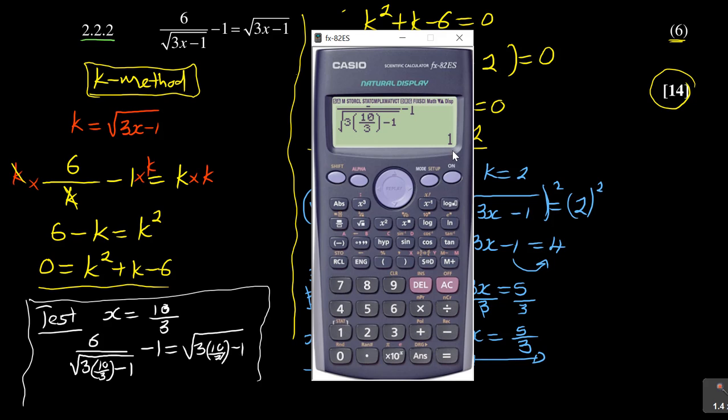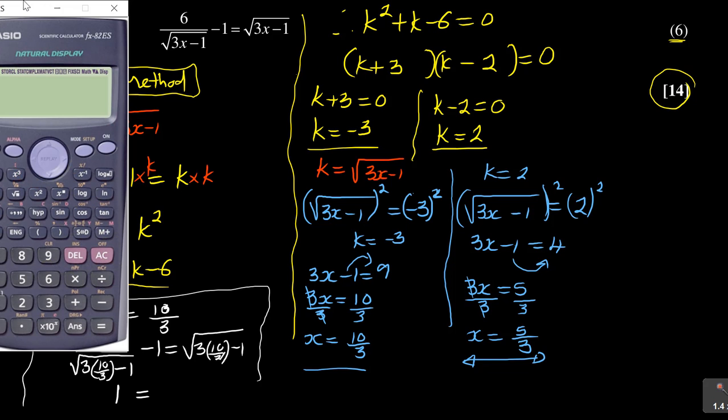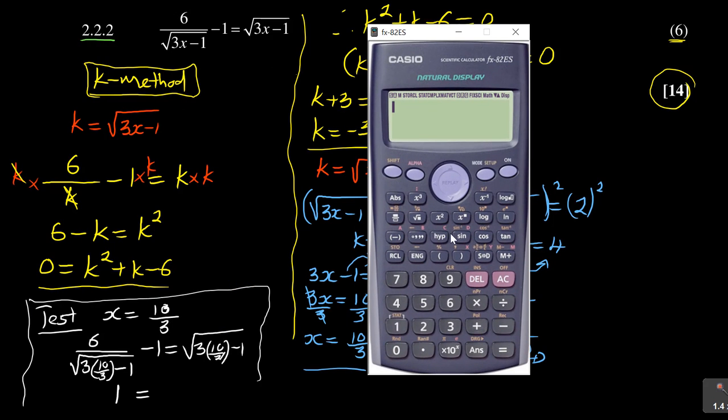I'm getting a 1 on the other side. You can see that on the other side is a 1, so I can write it as a 1 there, is equal to, let me check what the other side gives me. I've got square root of 3 into 10 over 3, close bracket, minus 1.